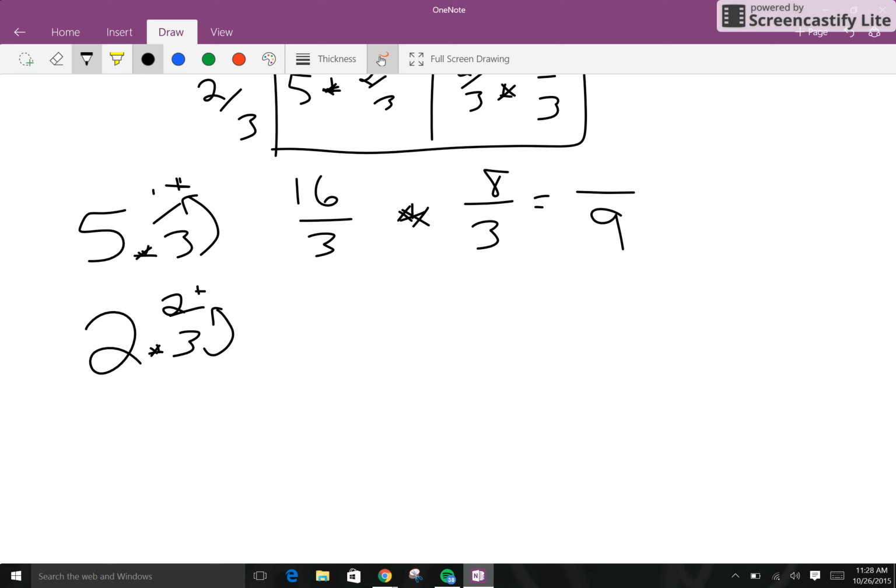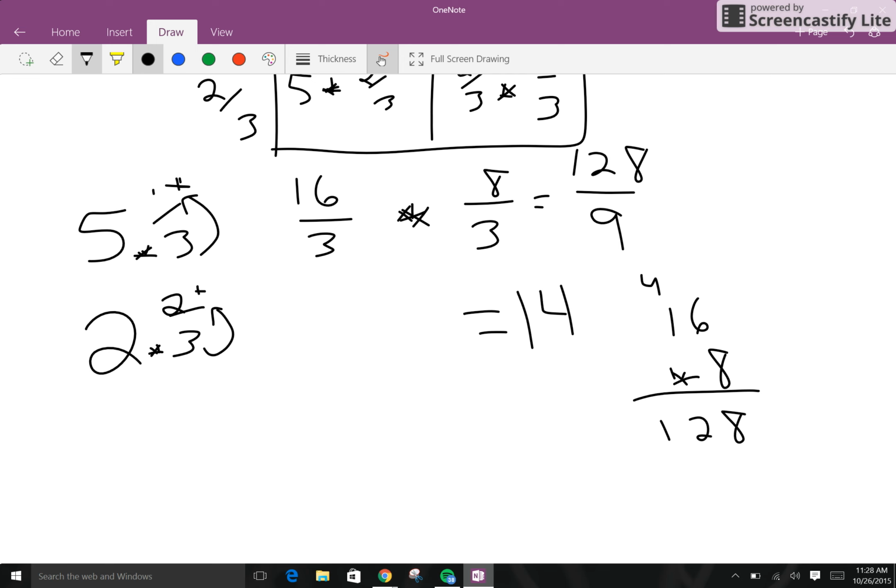So we get 9 in the denominator, and 16 times 8 is 48, carry your 4, 128. So we get 128 ninths. When we simplify that, how many 9s go in 128? It's going to be 14, and then there are 2 9ths left over. Hope it helps.